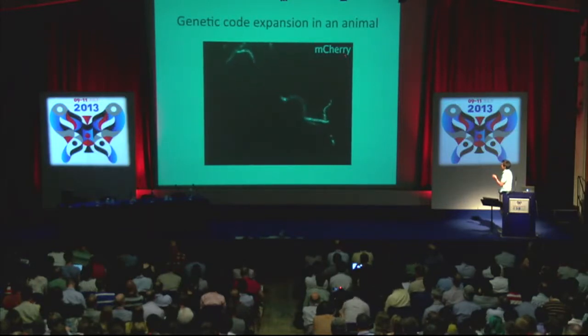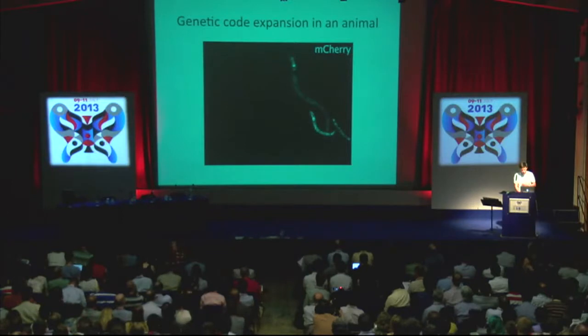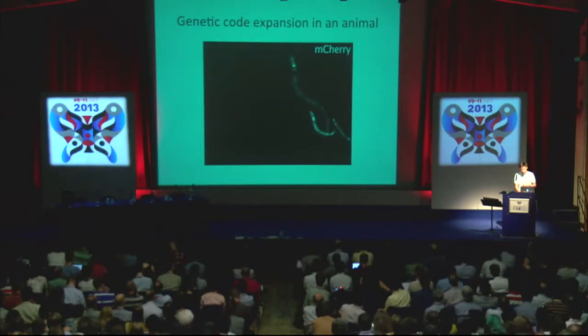You can see that by virtue of the fact that these animals make, in this case, this mCherry protein as a function of incorporating the unnatural amino acid into the protein. We've also recently done experiments in flies, which have the real advantage, as Iris pointed out, that you can genetically target the expression of these amino acids to particular cells within the whole animal very easily using GAL4 and other systems.